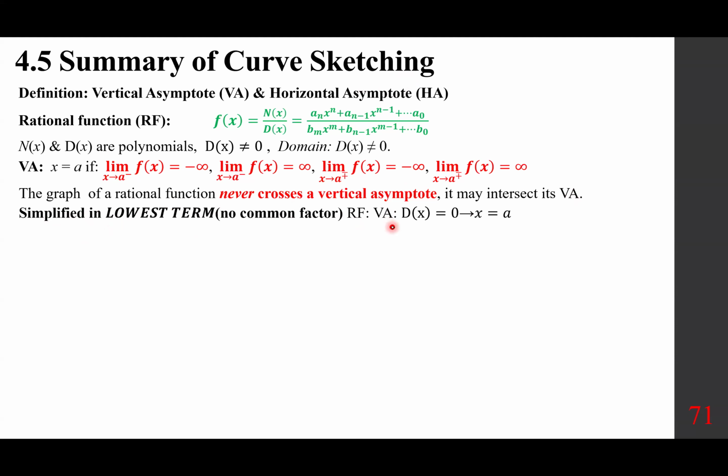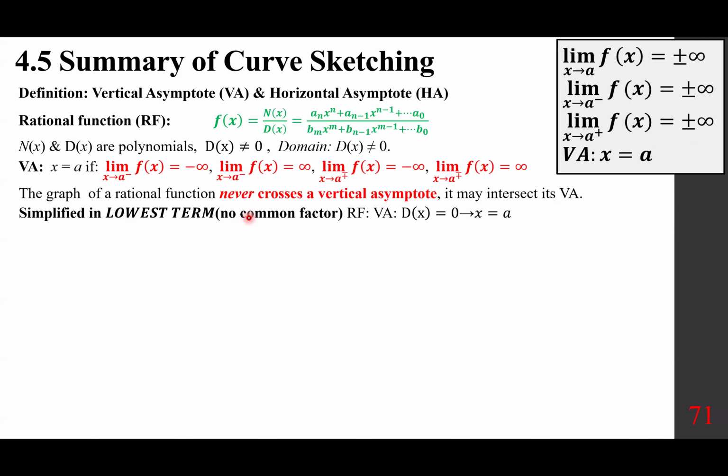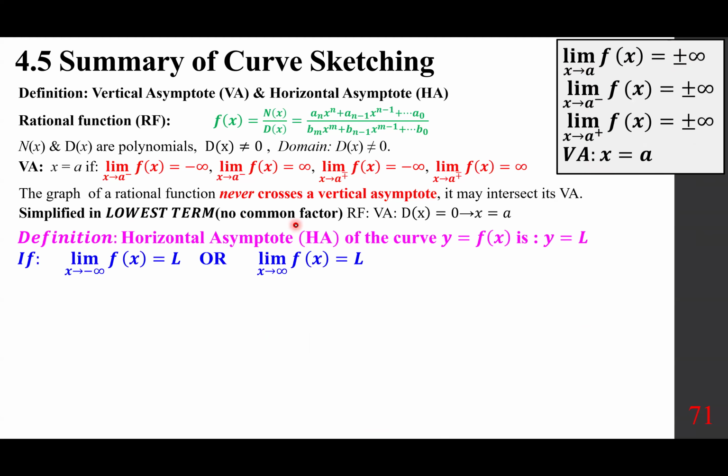Then for the vertical asymptote, the easiest way is to set the denominator equal to 0 after we simplify. Now, the definition in calculus: limit of f of x as x approaches a, from the left or from the right, is either negative or positive infinity, then VA has the equation x equals a. You can go with the definition, or set the denominator equal to 0 as long as it's in its lowest term.